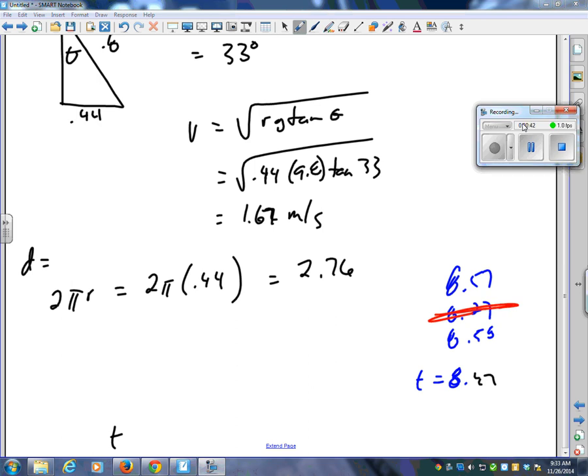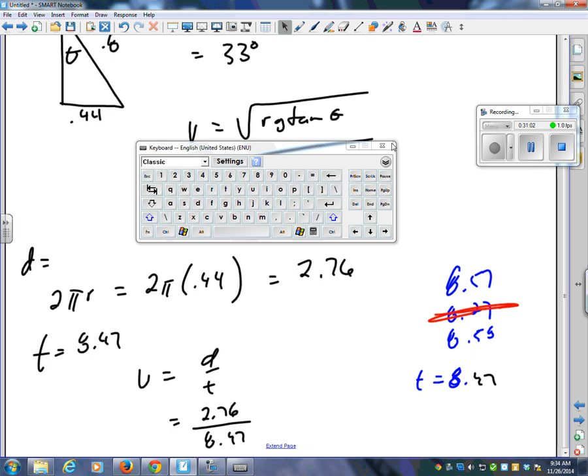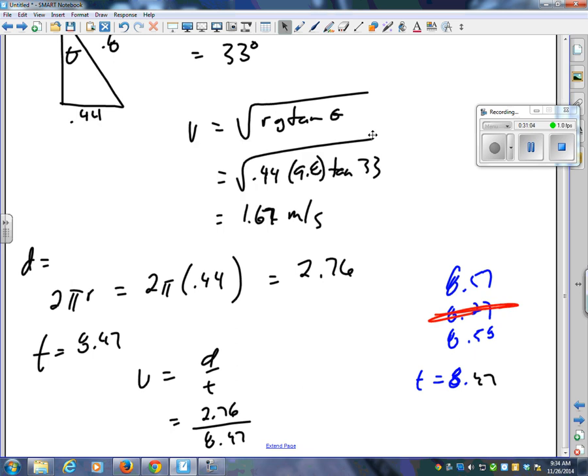So what is the actual velocity then? Our time is 8.47. Our velocity is d over t. d, 2.76 is our displacement. Time, 8.47. 2.76. Uh-oh. This isn't looking good, is it?